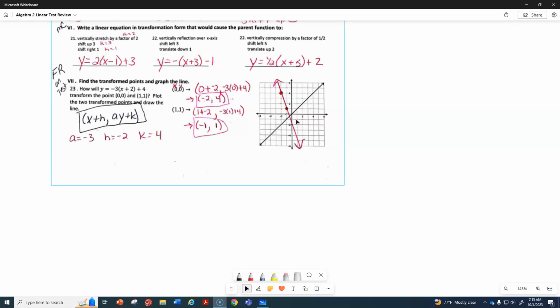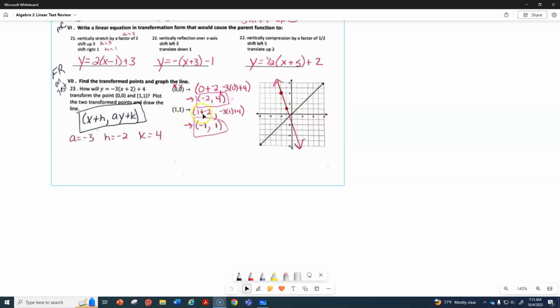And then we shift it left 2 and up 4. Oh, I forgot, the 3 stretches it. So we reflect and stretch, and then left 2, up 1, 2, 3, 4.